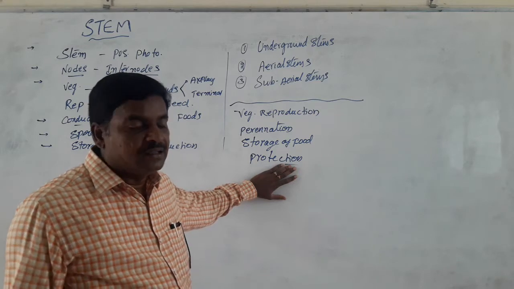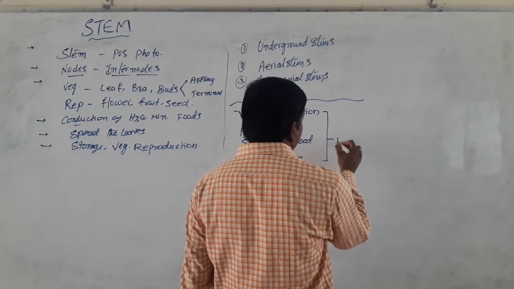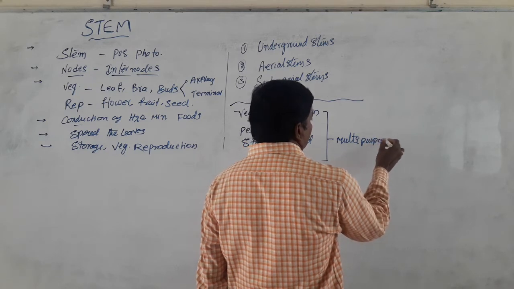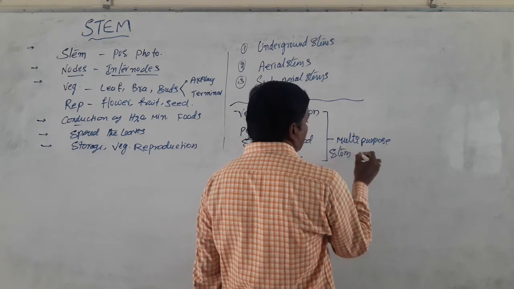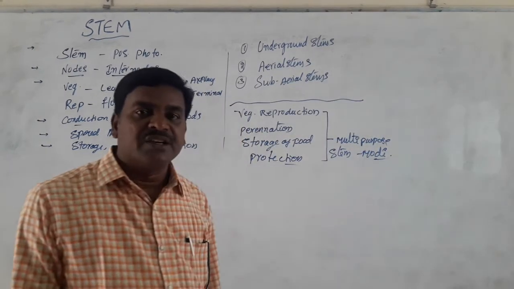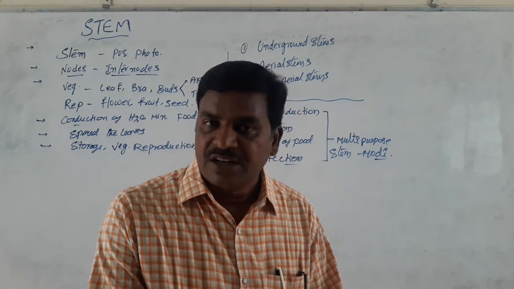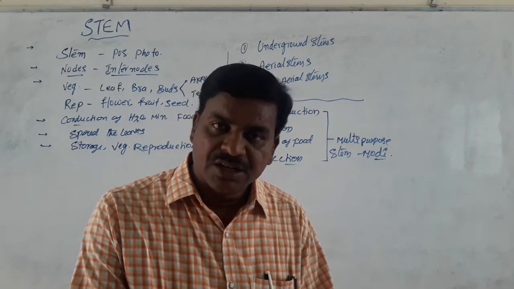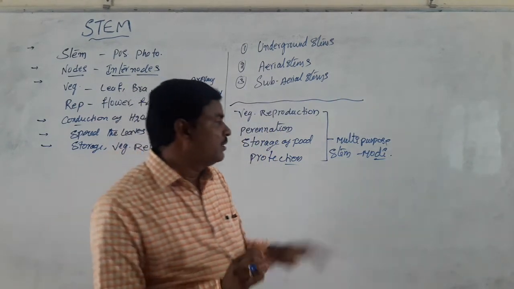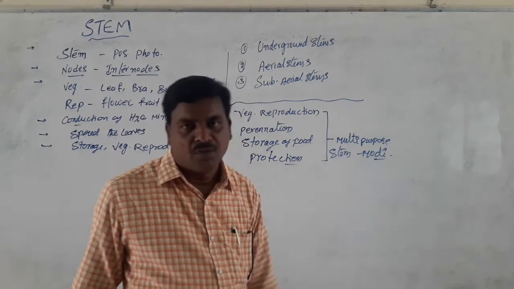Because of this reason, these underground stems are also called multi-purpose stem modifications. Which stem modifications are called multi-purpose stem modifications, and why? Underground stem modifications are called multi-purpose stem modifications because they perform more than one function. Multiple functions means many functions.